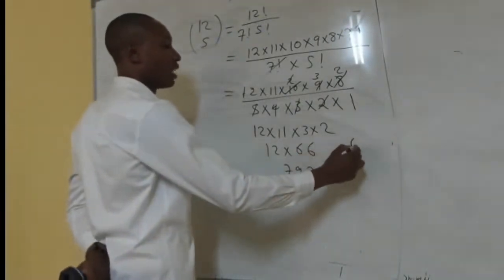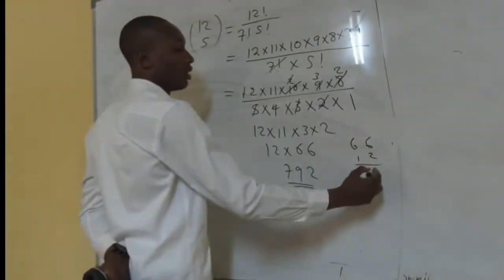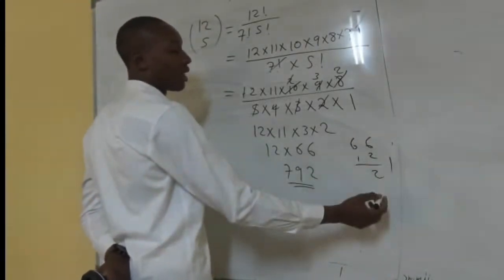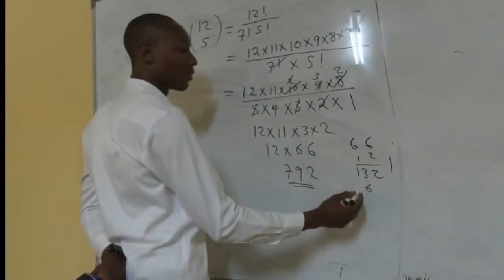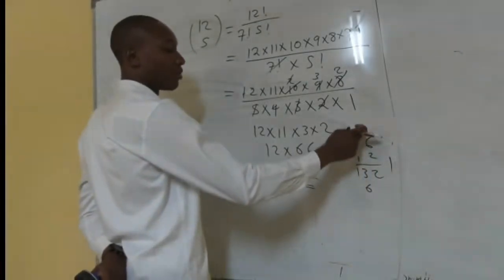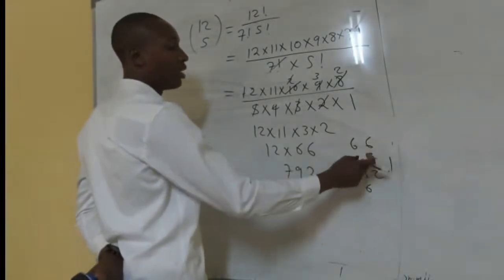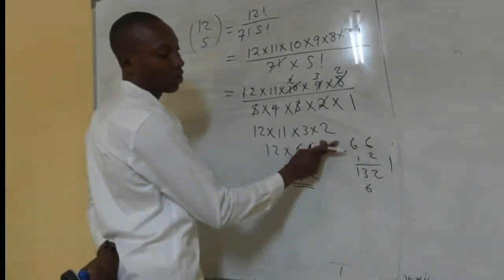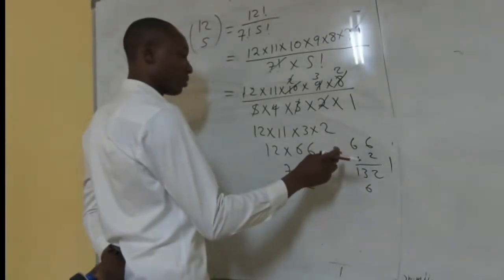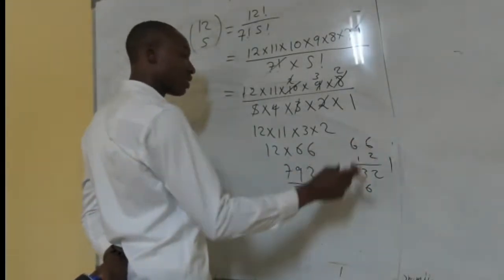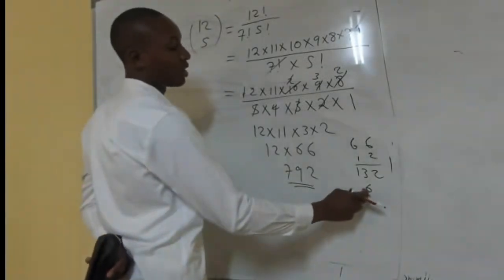Remember, it can be done here. 66 times 12. 2 times 6 is 12, write 2, carry 1. That is 12, 13. Then we have 1 times 6, which is 6.